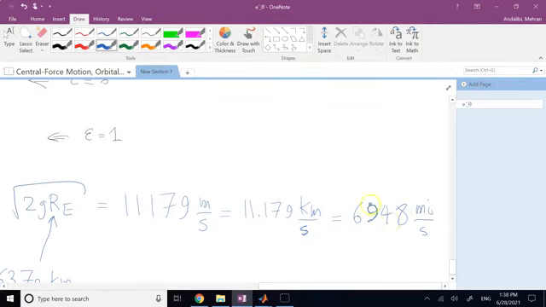We typically remember this number as about 7. So we say if you launch something from the surface of the Earth, the launch velocity has to be at least 7 miles per second for it to not come back to the surface of the Earth.